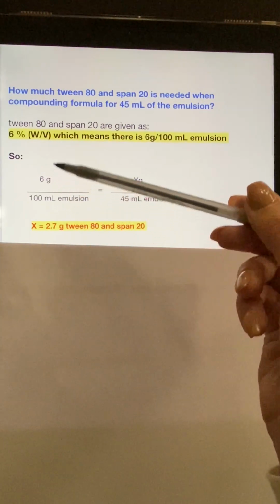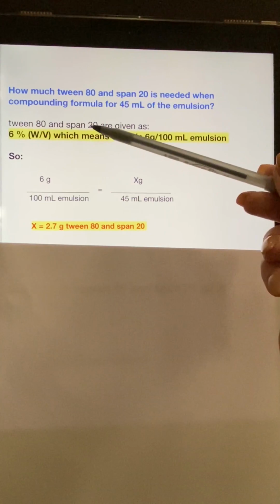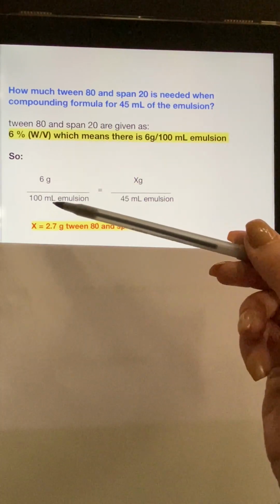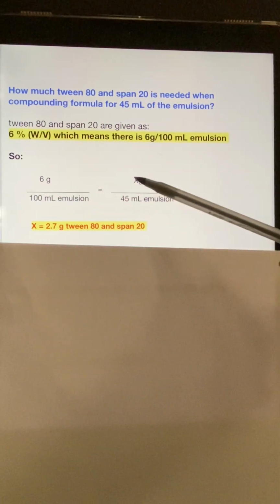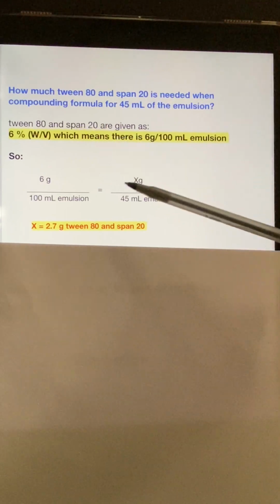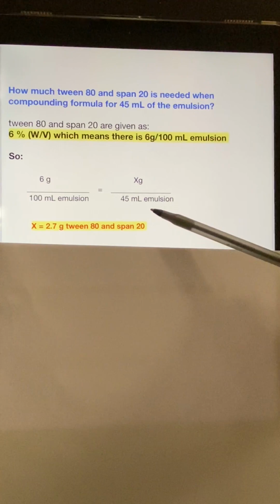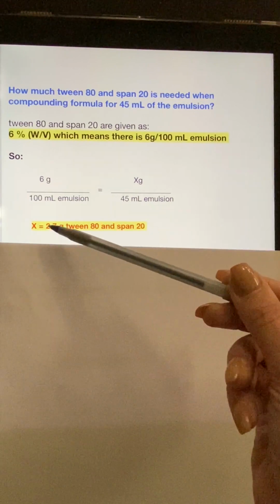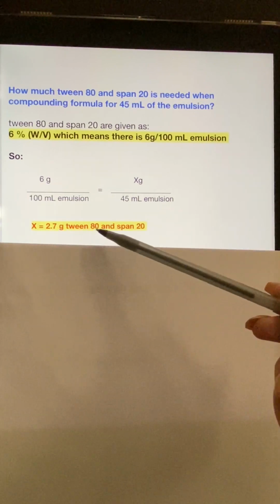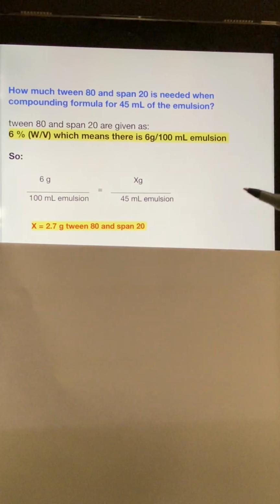So 6 grams of both of these surfactants in every 100 ml emulsion. How much of both of them together is needed if you're compounding 45 ml emulsion? And the answer is 2.7 grams Tween 80 and Span 20.